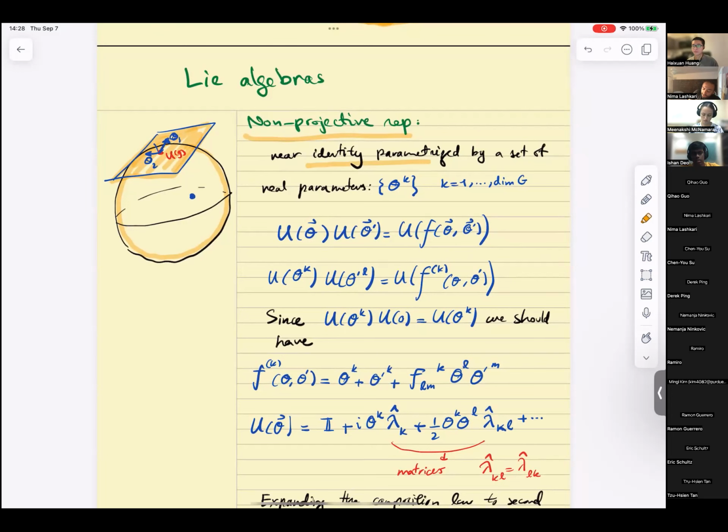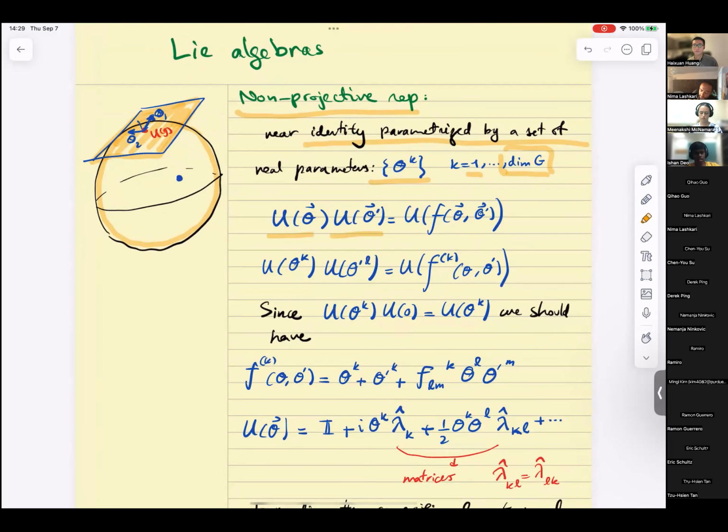Now near the identity, I'm going to parameterize my element in this tangent space using a bunch of parameters, theta 1 to theta k, where k is clearly the dimensionality of G. The dimensionality of the tangent space is the same as the dimensionality of the group. I'm just using this vector notation, but it doesn't really mean much.